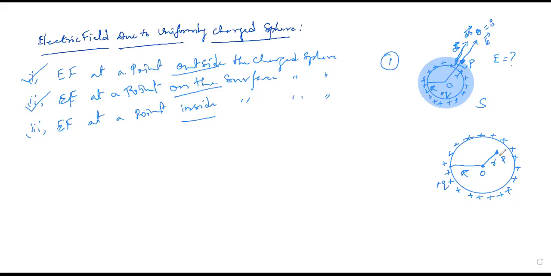Now, you have to take a Gaussian surface with respect to this particular point. Why? Because we are going to find the electric field intensity at this point.